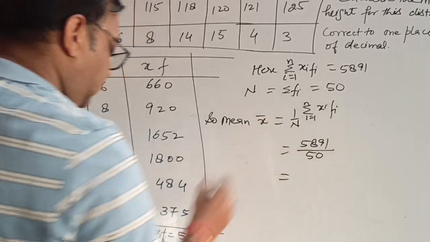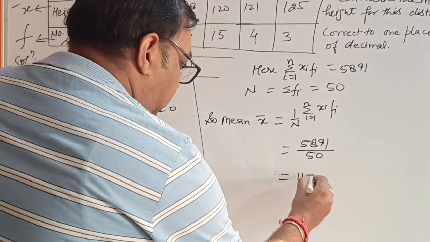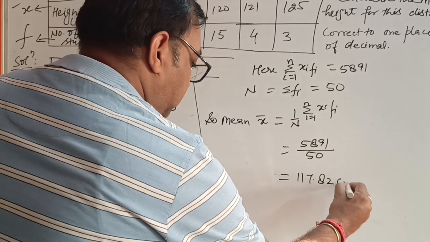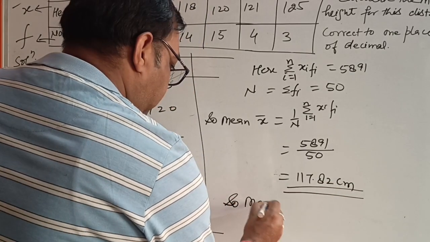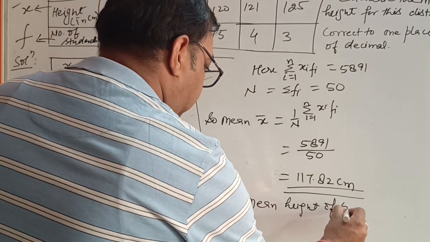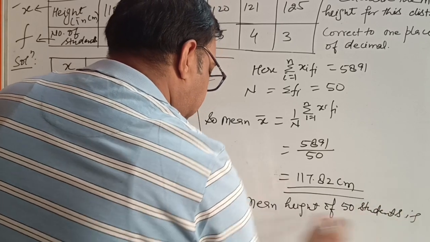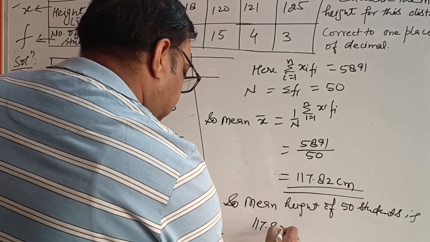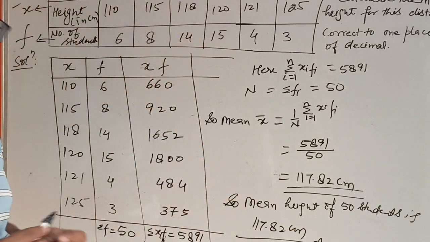So divide the data: 5891 divided by 50 is 117.82 centimeter. So the mean height of 50 students is 117.82 centimeter. So this is the answer.